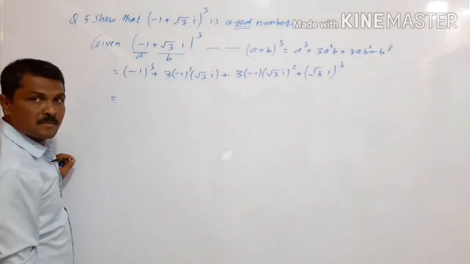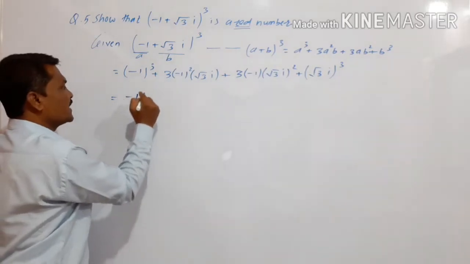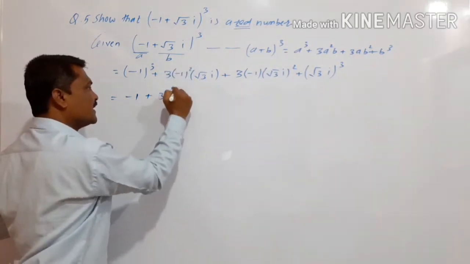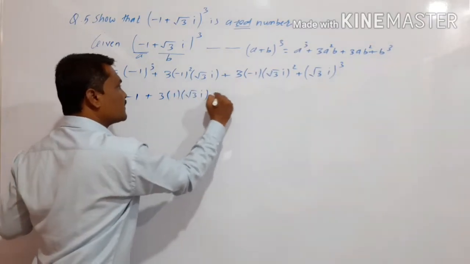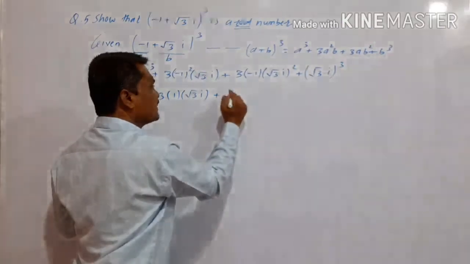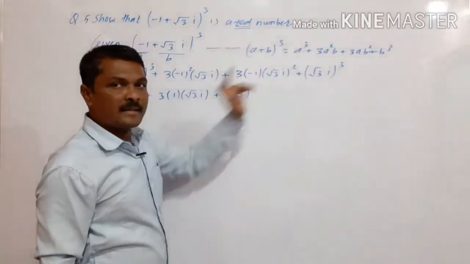That is equal to (-1)³, meaning -1 into -1 into -1, which becomes -1. 3 as it is, square of -1 is 1, into the second bracket √3i, plus 3 into -1, that is -3, into (√3i)².